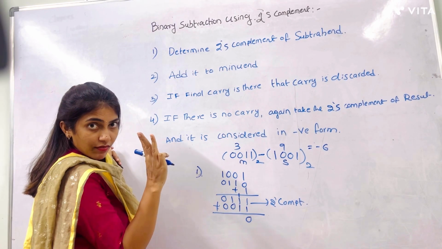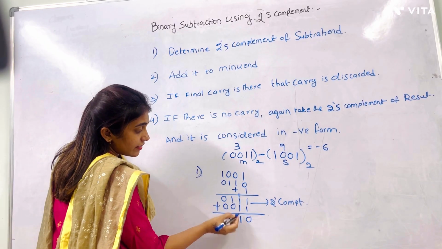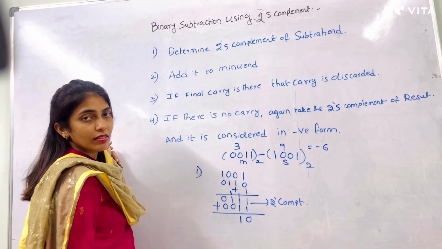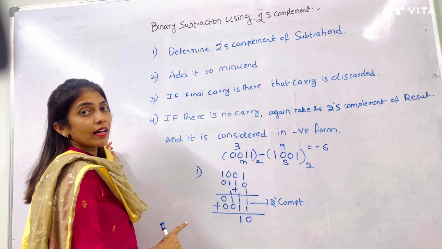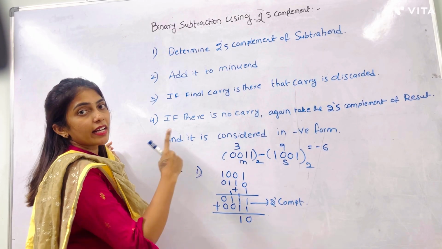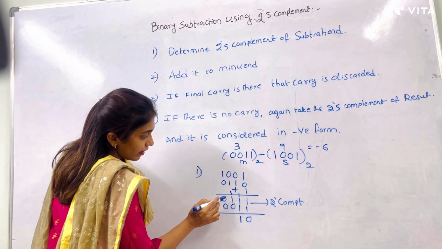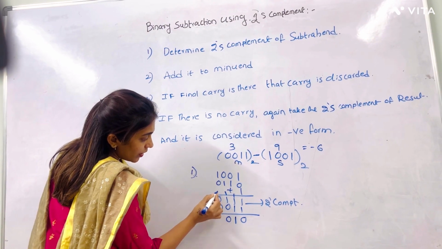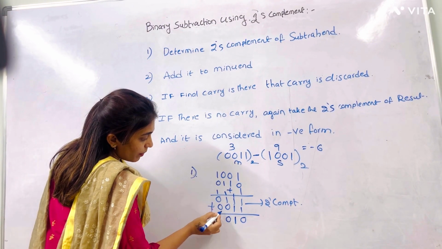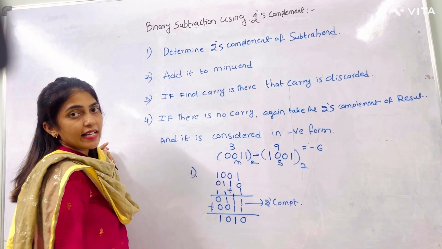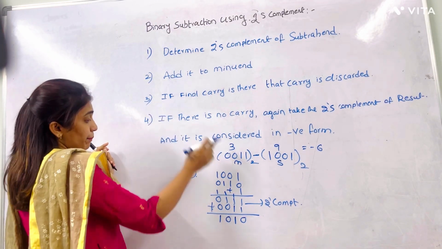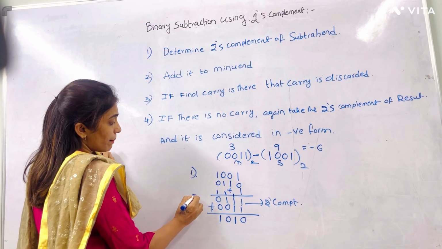If you have 3 ones at a time, then result is 1, carry is 1. 1 plus 1, 0, carry 1. 1 plus 0 plus 0, 1. So 1010 is the answer. Up to here, second point completed.